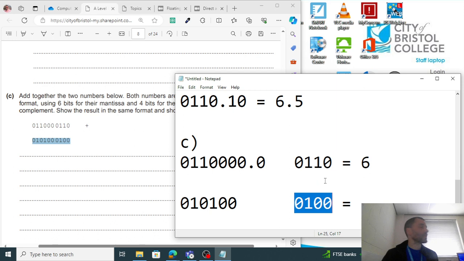Okay. What value is it in decimal? 4. Is it 4, Daniel? Oh. What value is that? So the first column's 1, 2. Oh yeah, it's 4. Sorry. Yeah.